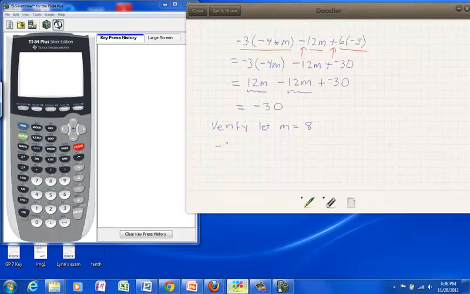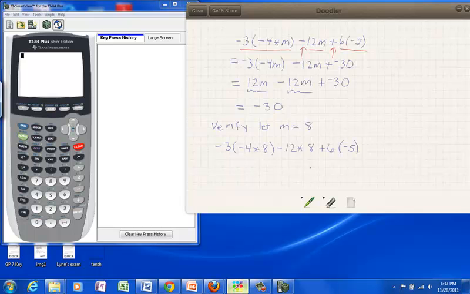So the original expression started out looking like this. Try and make it look as close as possible to the original expression. Sometimes, like for 12m, you'll have to put 12 times 8. But when I'm doing this, I will try and keep the parentheses there instead of using the star for multiplication.